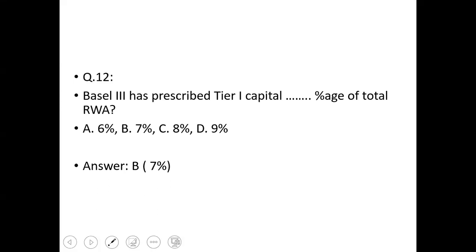Total tier 1 consists of core capital plus additional tier 1. Additional tier 1, how are we creating it? By retaining the profits, and you are not supposed to declare dividend also. Whatever profits, if the capital is very low, that also we'll discuss.